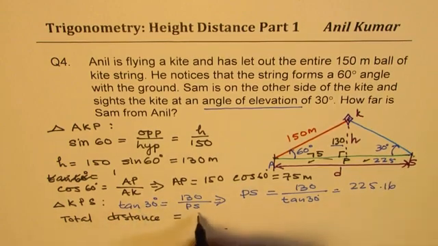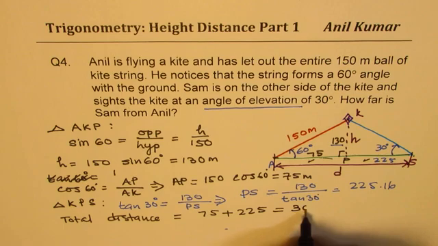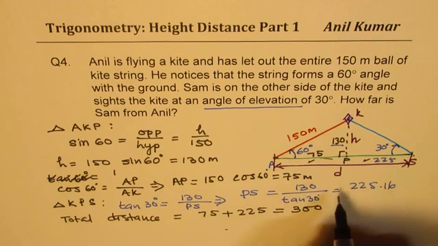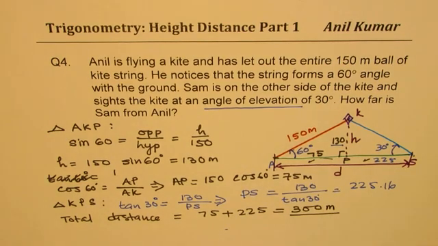We have to add these two, so we add 75 with 225, correct? So that is 300. The units are, since we are given this in meters, 300 meters. Does it make sense to you? That is how we are going to solve this particular question, correct?